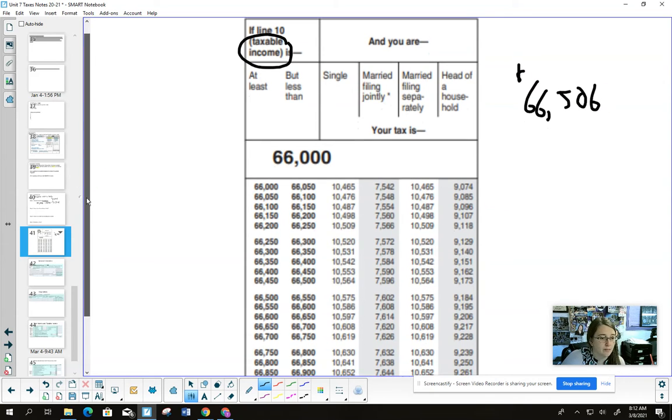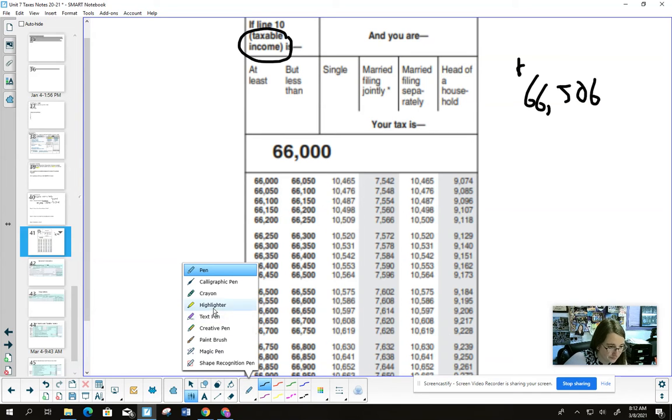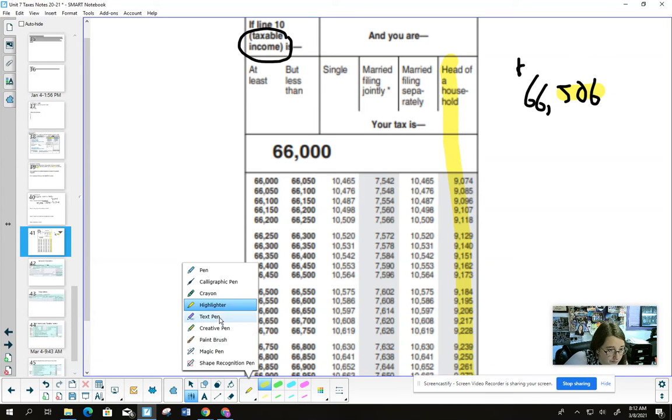So take a moment. You should be able to see it here on the screen. What should she have paid in taxes then, since now we know her taxable income? Okay, well, good Lord. Head of household. You should be looking in this last column. I'm looking at 506, really. I want to see where that falls.